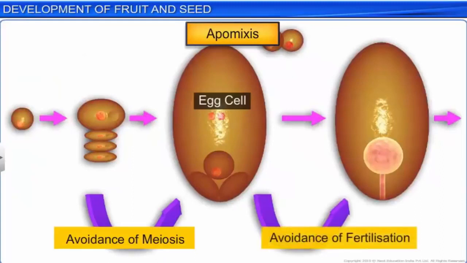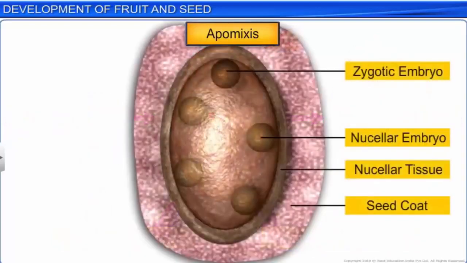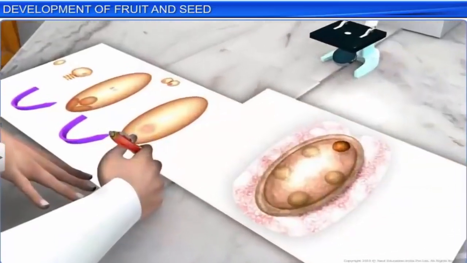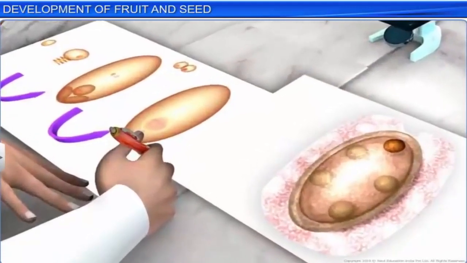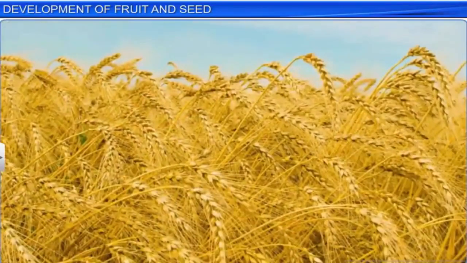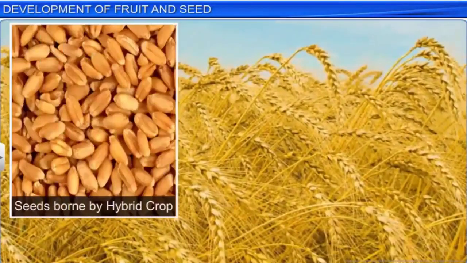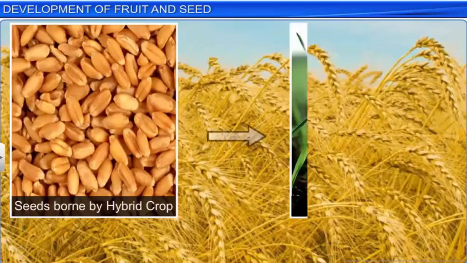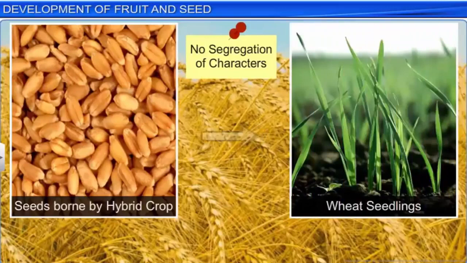In fact, seeds or embryos either develop from an unfertilized egg which did not undergo meiosis, or from the cells of the integument or nucellus. Botanists believe that converting hybrid crops into apomicts will prevent the segregation of characters in seeds produced by hybrid crops, and thereby eliminate the need to purchase hybrid seeds every year, as the seedlings produced by the apomicts will resemble their parents genetically.